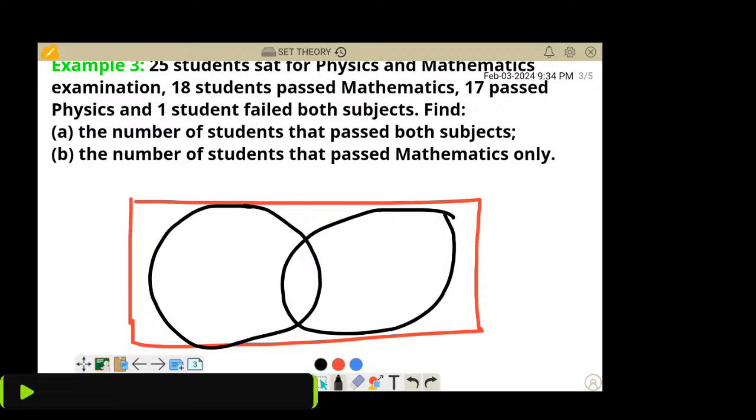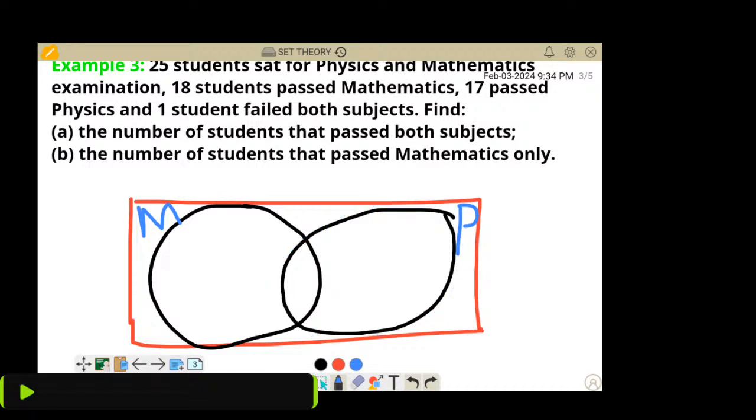And let's say we represent mathematics with M, and physics with P. And according to the question, 18 students passed mathematics. That is, this region covered with mathematics covers 18 students, while 17 passed physics. The whole of this is equal to 17.